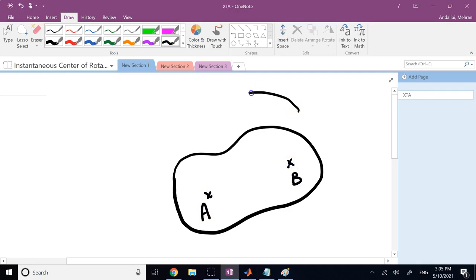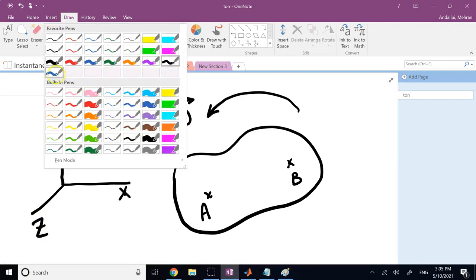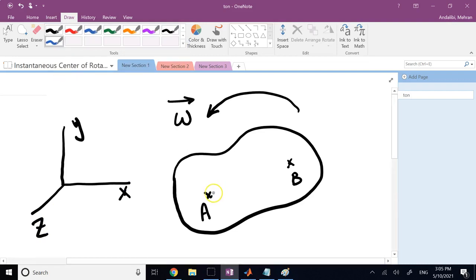So basically, if you have an arbitrary rigid body, and you have 2 points on it, A and B, and this rigid body has an angular velocity of omega with respect to an inertial frame x, y, and z, then you can define the vector that connects point A to point B, and you call this R of B with respect to A, okay?